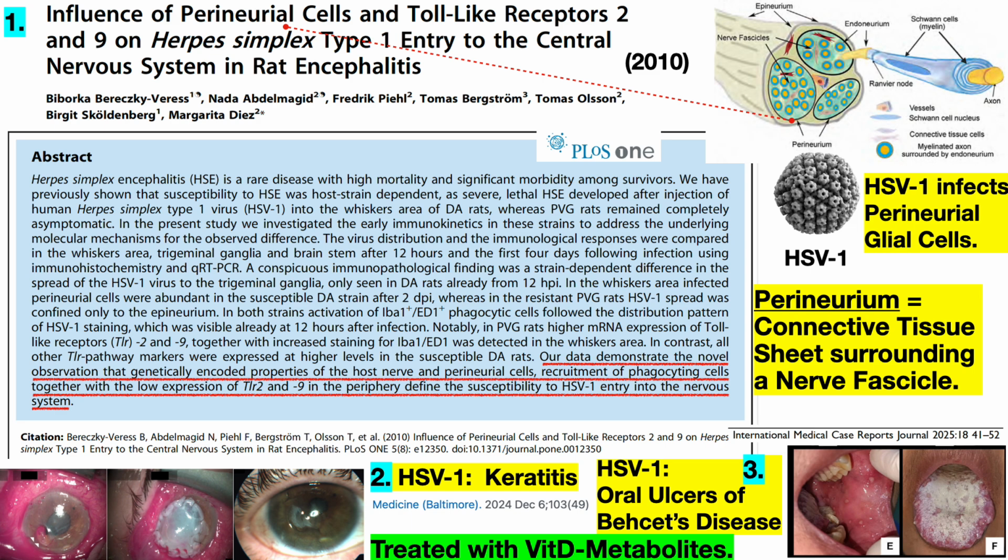That's a type of rodent strain, where PVG rats, a different strain of rats, remain completely asymptomatic. In the present study, we investigated the early immunokinetics in these strains of rodents to address the underlying molecular mechanisms for the observed difference. Now moving to the end.